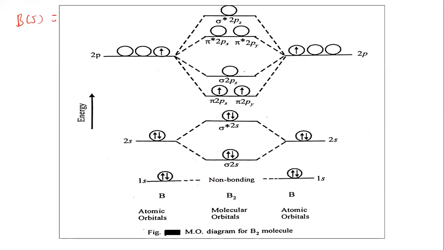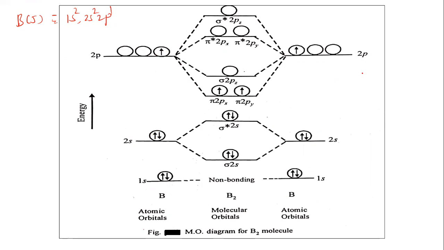Boron has atomic number 5, with the electronic configuration 1s2, 2s2, 2p1. Okay, 3 valence electrons are there. So you can see here 1s2, 2s2 and 2p1. In one of the 2p orbitals there is one unpaired electron. Similarly, in this boron atom. Okay, so the molecule now has a total of 10 electrons.